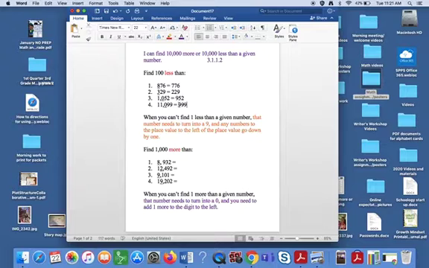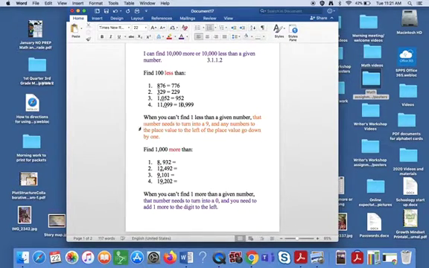But I still have the 11,000 there to take care of. The number in the place value to the left goes down by 1, so instead of a 1 in that thousands place, it goes to a 0. So 11,099 minus 100 equals 10,099.